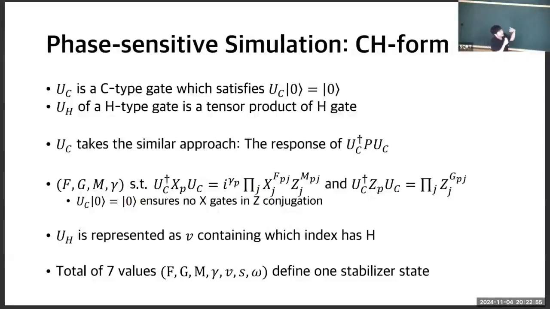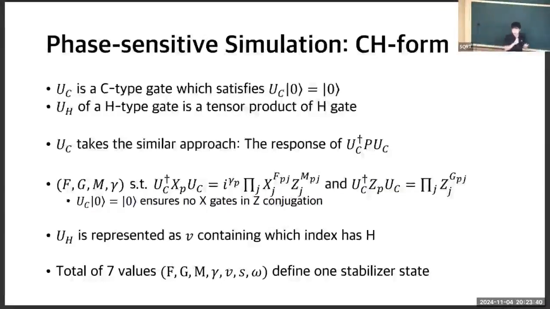And this also takes that approach to prepare UC dagger P UC, and all of them have things about XP or ZP here. So if I apply X on the P qubit, then it will respond as those i to the gamma P and the product of X and Z according to each P qubit here. But we can insist that UC dagger ZP UC does not contain X, because that's why we call that a C-type gate.